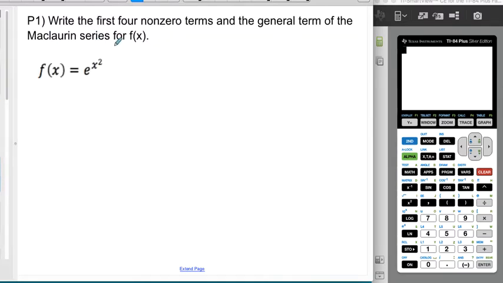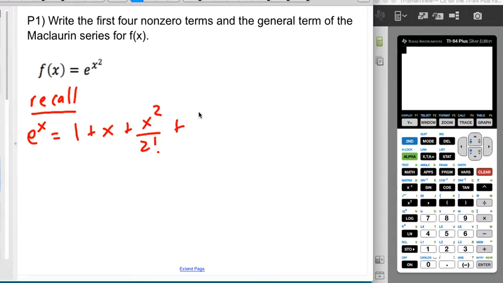All right, we're going to do the same thing with e to the x squared. So, as a reminder, recall that e to the x was 1 plus x plus x squared over 2 factorial plus x cubed over 3 factorial plus dot, dot, dot, x to the n over n factorial. Well, the only difference is it's not an x, it's an x squared.